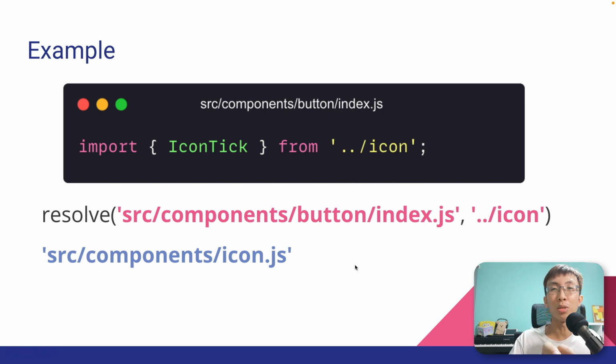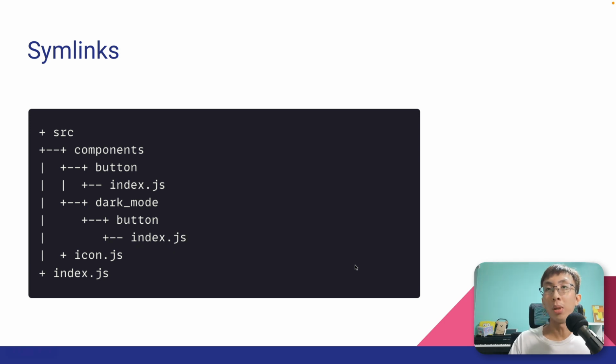But why is that so important? I want you to pay more attention to this: what if you have symlinks? A symlink is a symbolic link. It's like a shortcut, like a wormhole in your file system. It's a link in a place that says this links to that physical location.